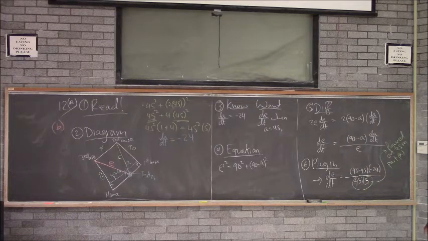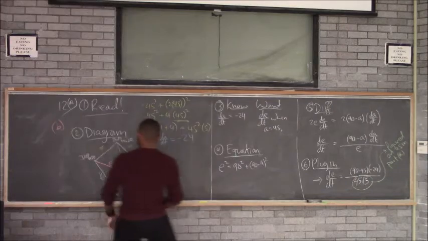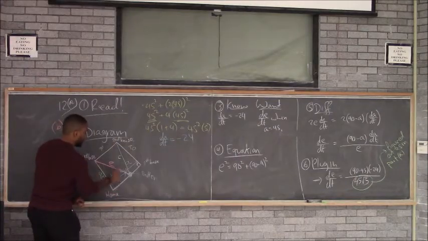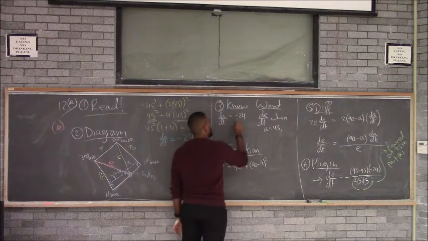Something is off here. Isn't it the negative dA/dt? Yes, because technically here, I was using this triangle, so I actually want this distance. So it's going to be weird to write it like this.